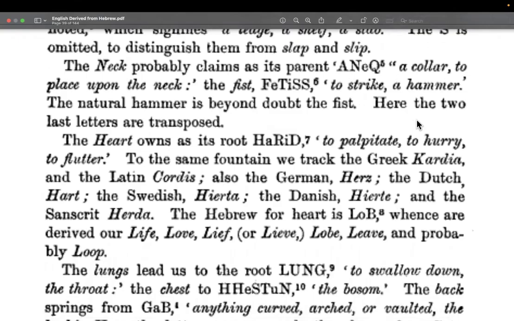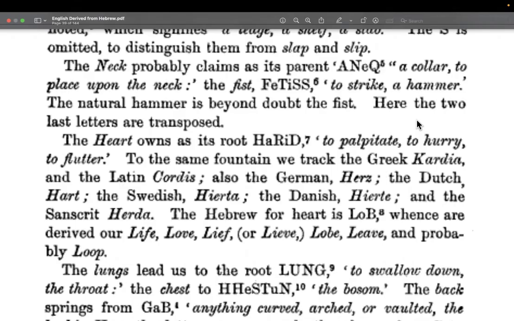The fist, fitis, to strike a hammer. The natural hammer is beyond doubt the fist, fitis, right? Here the two last letters are transposed. The heart owns as its root harid, to palpitate, to hurry, to flutter.